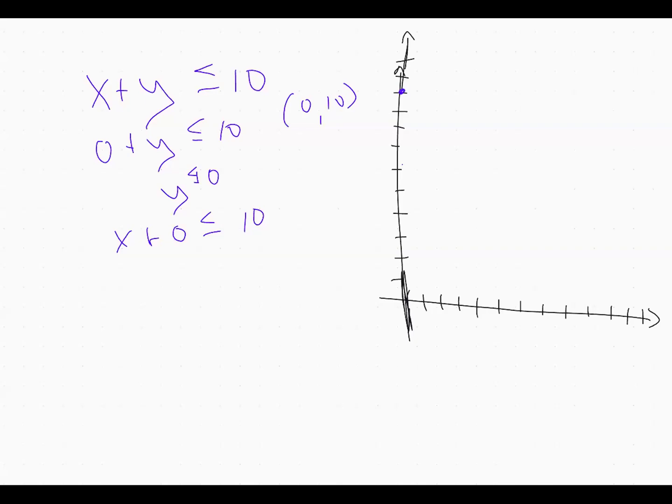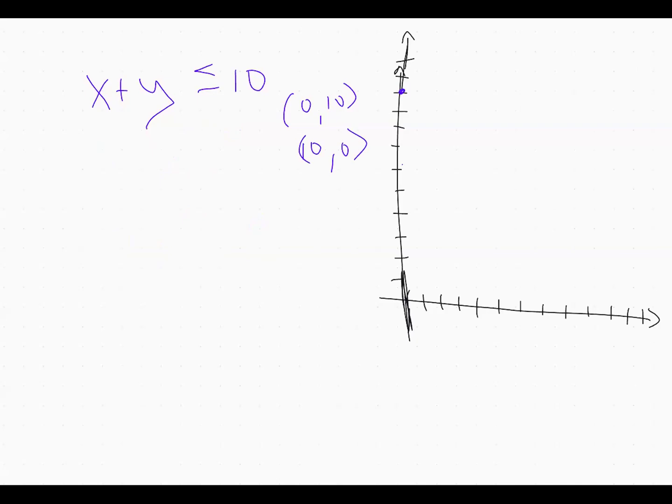So that's the intercept method. So 10 and 1, 2, 3, 4, 5, 6, 7, 8, 9, 10. Boom.